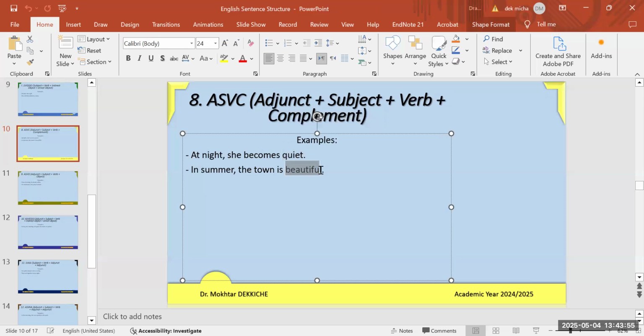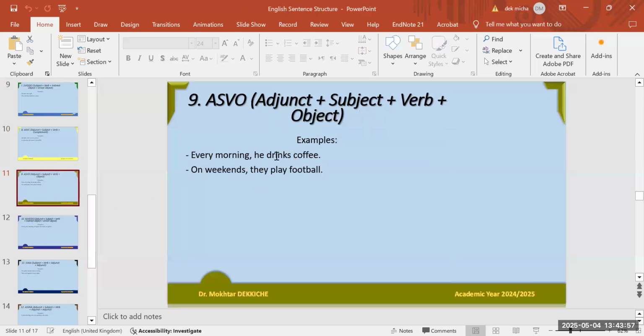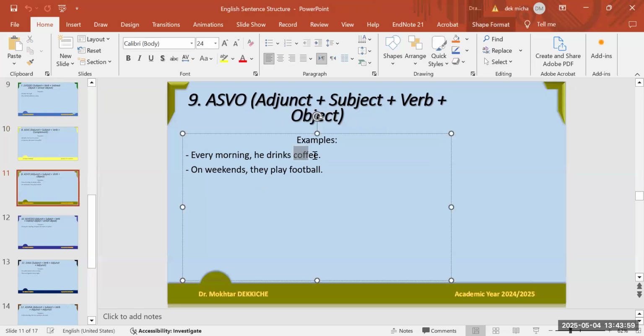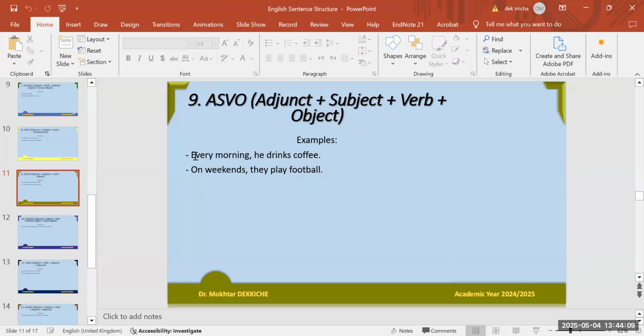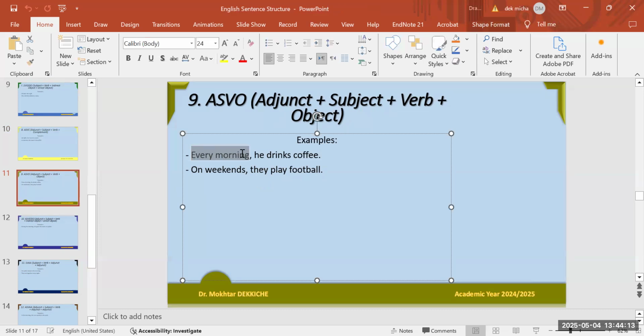Beautiful here is a complement, but here coffee is an object. He drinks coffee, and coffee is direct object. They play football. Football is direct object. So as in the previous sentence, when we try to focus on the specific moment or specific place, we put the adjunct at the beginning of the sentence.